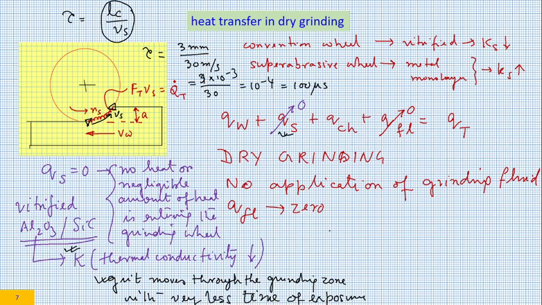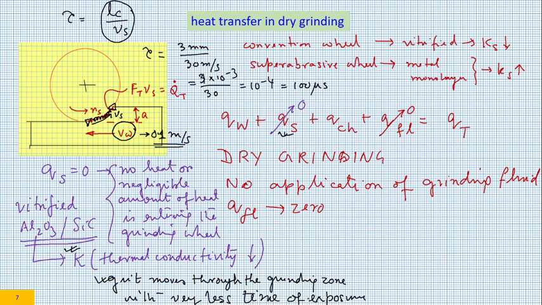Now you might say, then what about QW? Why is QW not 0? Please try to understand, if this is your heat zone, the grit is moving very fast, but the workpiece is moving at a rate of VW. How much is VW? VW is 6 meter per minute, that is 0.1 meter per second. So you can definitely not compare 0.1 meter per second with 30 meter per second.